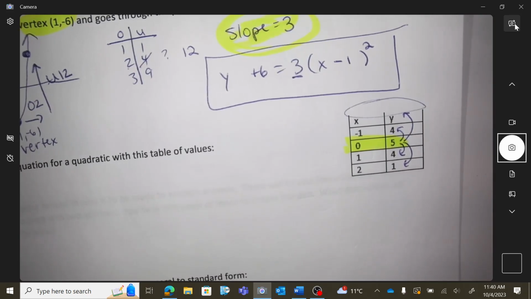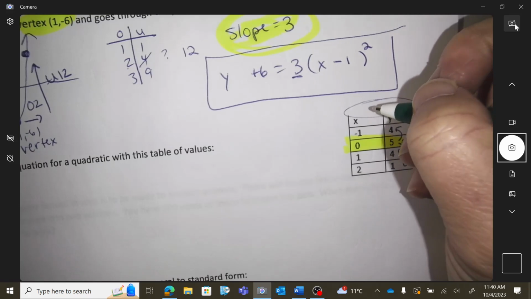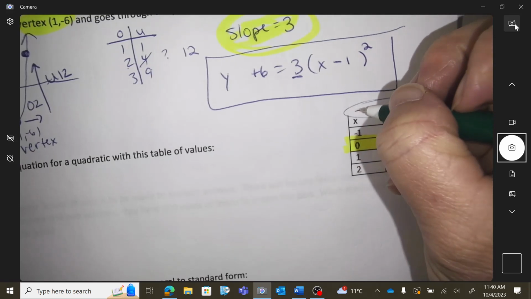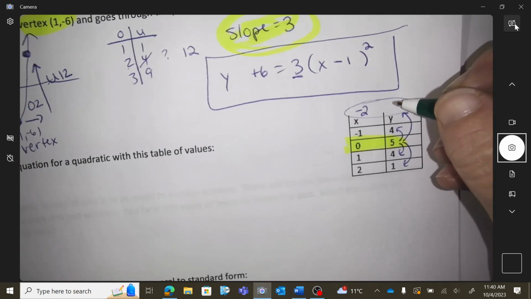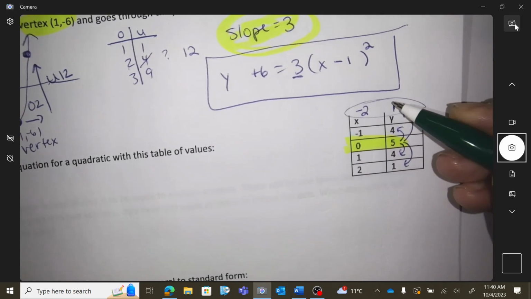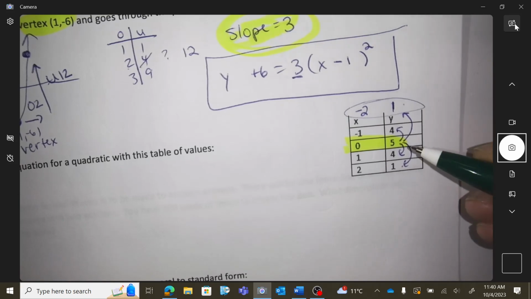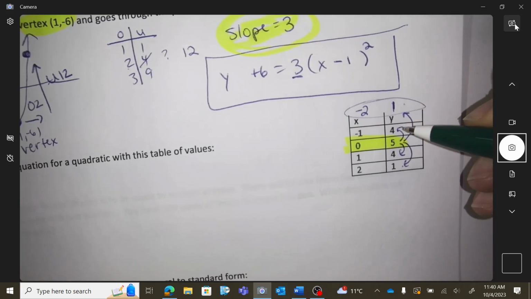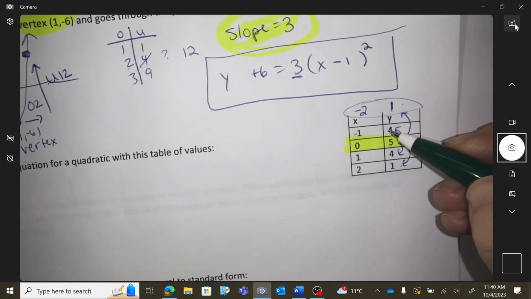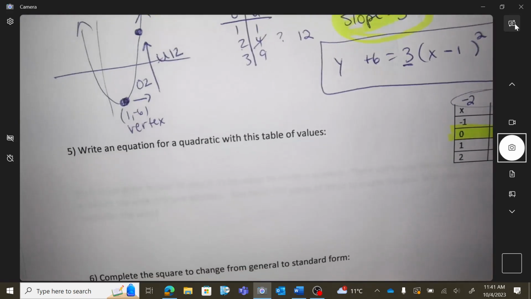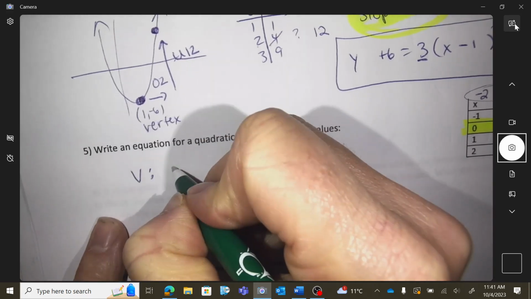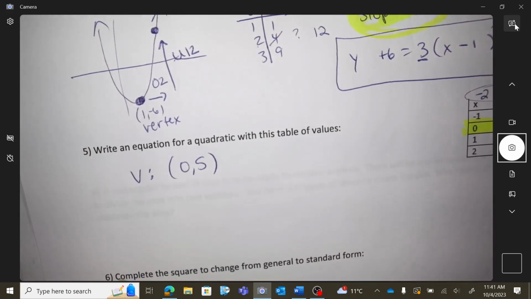What would be the coordinate there? -2, comma, 1, right? Because it would be partners. You see all my partners? A 4 and a 4 has a partner, a 1 and a 1. Okay, so the vertex is 0, 5.